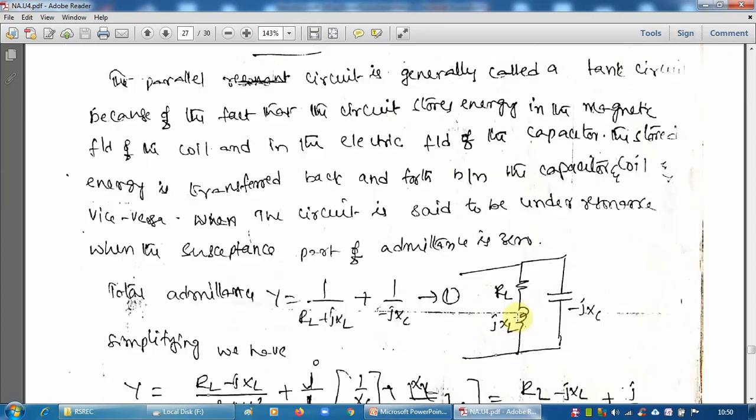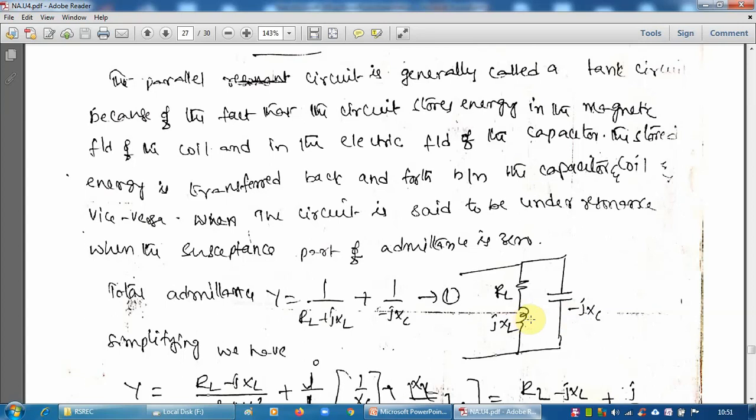Why? Because here the capacitor and inductor store energy, and in one half cycle the stored energy in the inductor is transferred to the capacitor, and in another half cycle the stored energy of the capacitor is transferred to the inductor. Like that, transfer of energy from this branch to this branch and vice versa will continuously take place if losses are neglected.